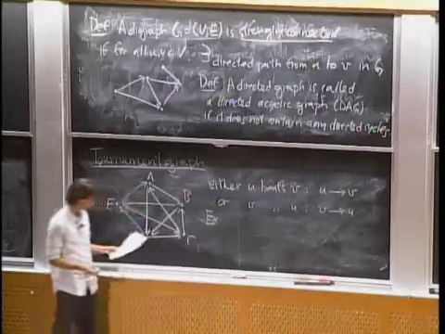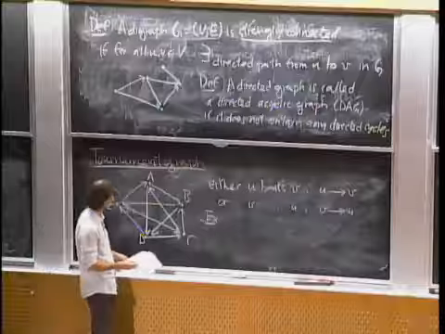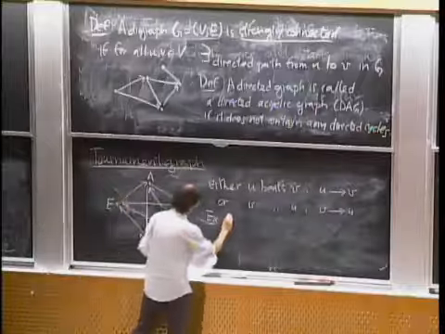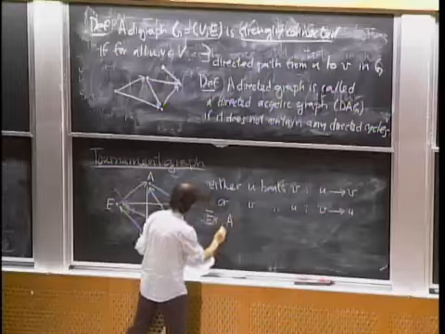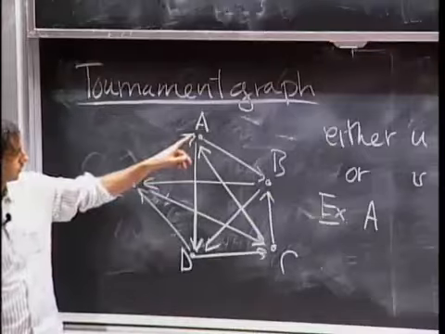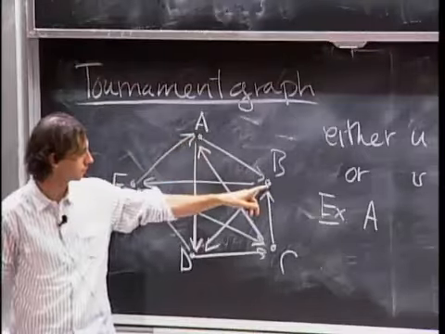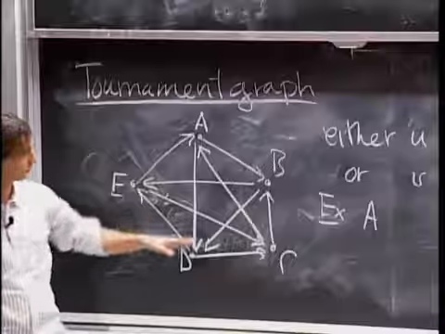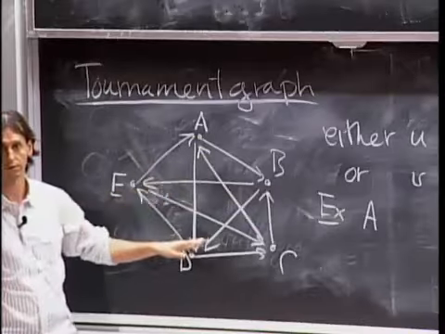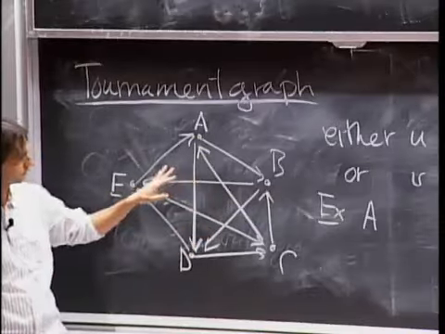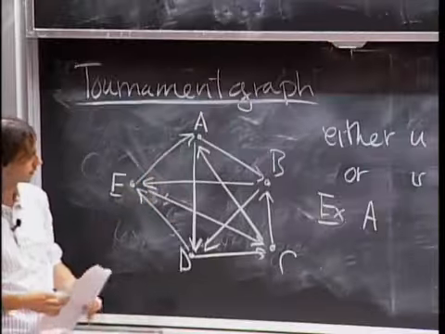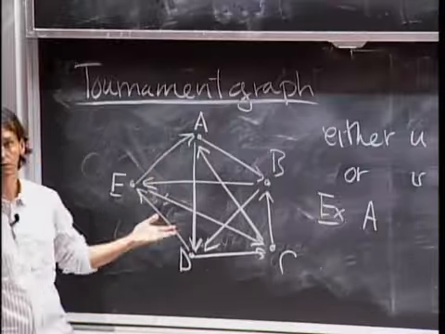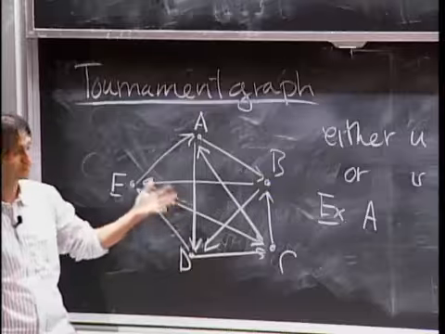Does anybody see an example where we start with A, and then we may beat another vertex, and maybe another vertex, and so on, until we have covered all the different vertices? Do you see a path that works like that? And that could give us an ordering on who is the best player.